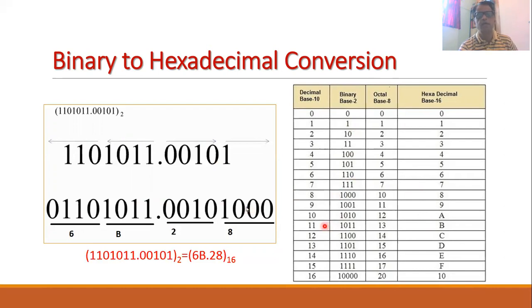Therefore, we can say that our hexadecimal equivalent for the given binary number is 6B.28.